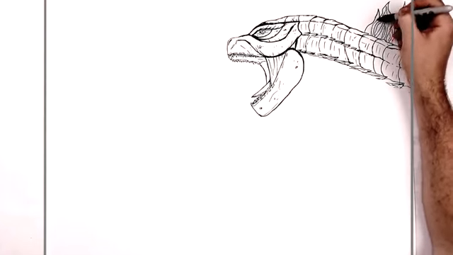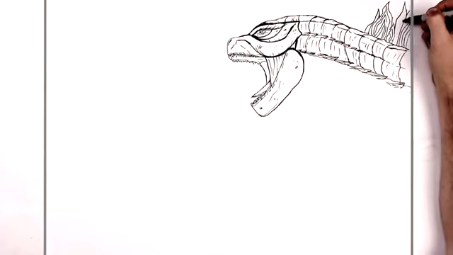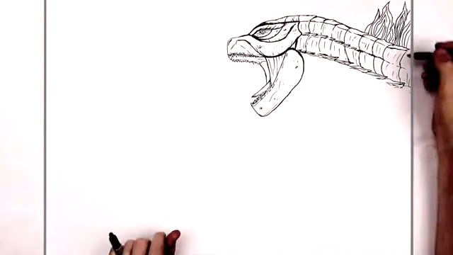Kind of look like fire or something coming around here. Like so, right? So that's the back of his neck, done.